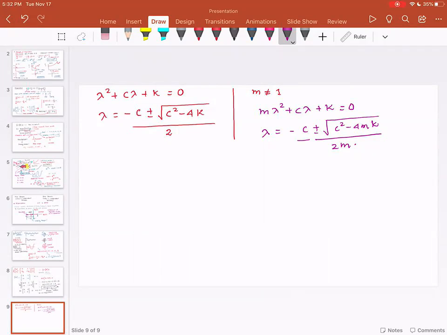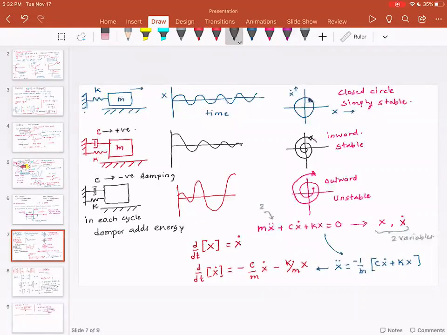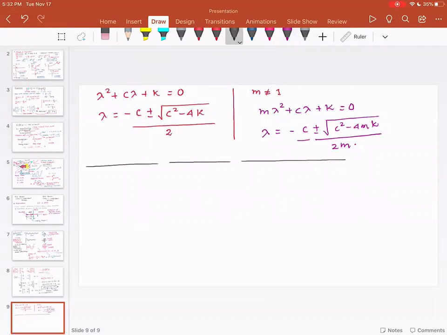Now let's understand the conditions that we looked at earlier. In the first case, case 1, c is equal to 0. When c was equal to 0, lambda became plus minus square root of minus 4k, which is an imaginary value, divided by 2.